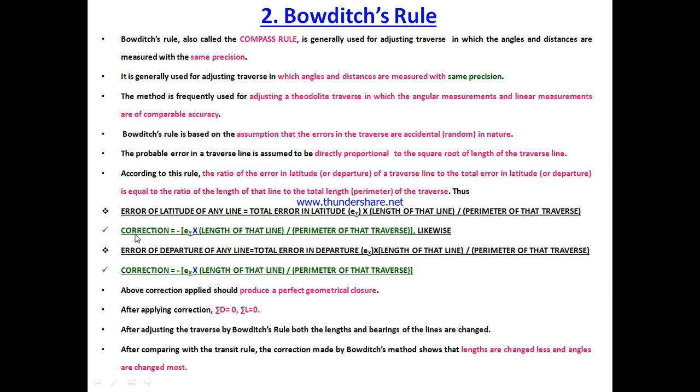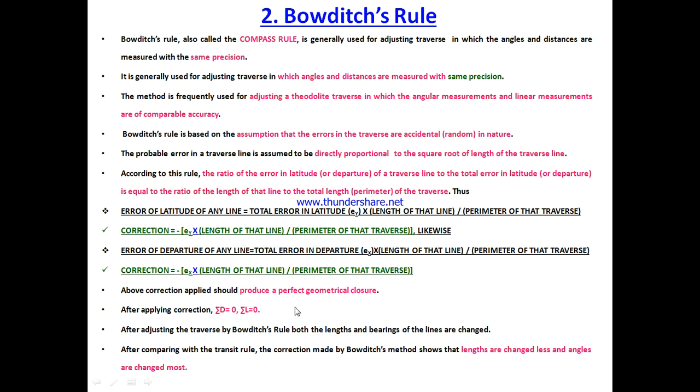In the similar manner, error of departure of any line will be equal to the total error in departure, represented by Ex, as I have explained in the last lecture also, into the length of that line upon the perimeter of that traverse. And similarly, we can make the correction of the departure of any line by taking the same magnitude but with a negative sign.